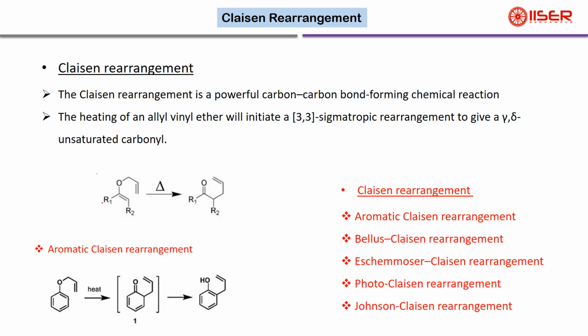First just see the mechanism. This is a 3,3 sigmatropic reaction. Before that, if we number along this single bond, both are 1, 1, and these are 2. As oxygen is more electronegative, the bond will break towards the oxygen.